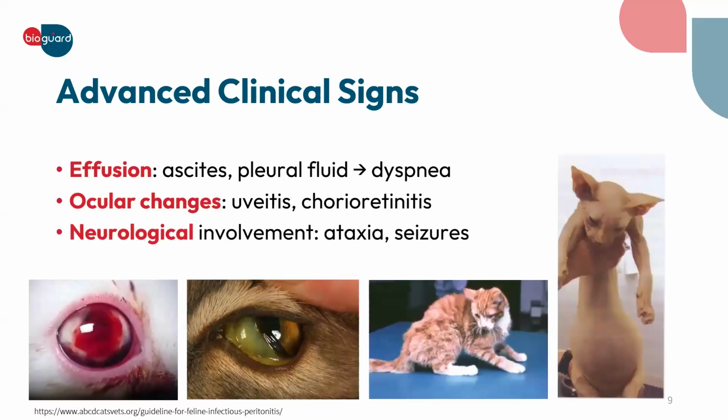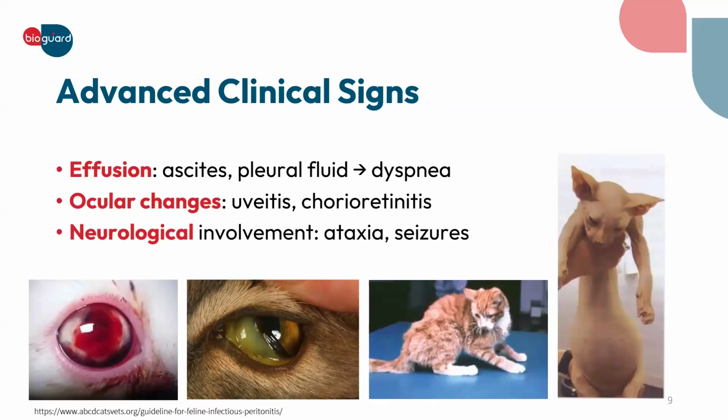But still, there are certain advanced clinical signs as well, which if a vet observes in the cat, they can predict or assume that it could be an FIP case, such as effusion, which starts with pleural fluid or fluid filling in the abdominal area.